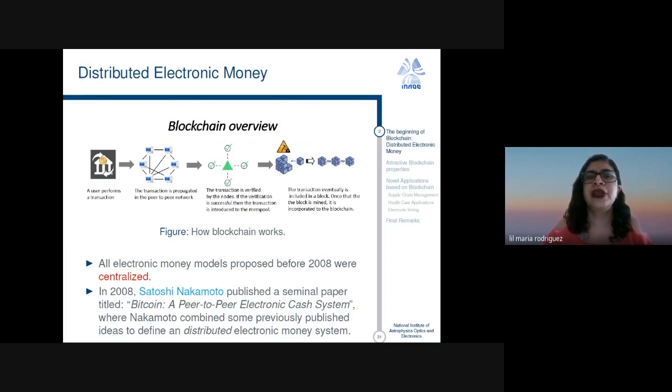So all electronic money models proposed before 2008 were centralized.